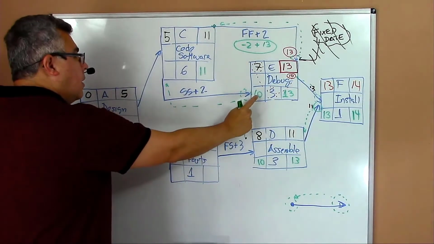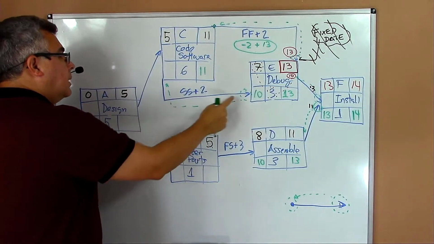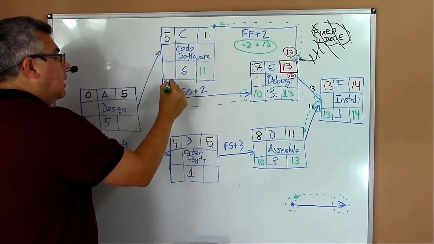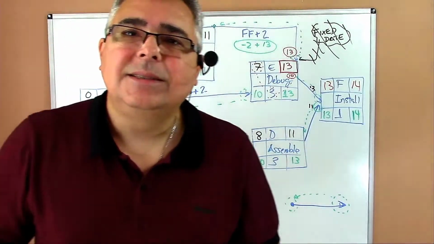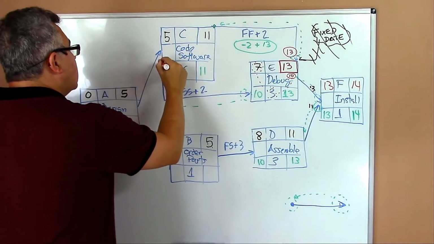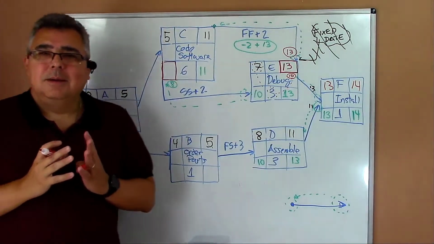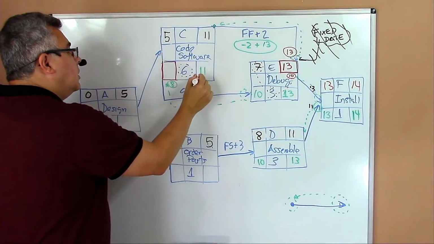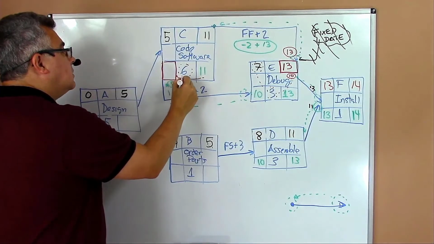When I move back from here, from activity E, it's 10 minus 2. I have 8 here. Is that okay? But pay attention. I have another cell with 2 conditions here. First, I have to consider the task duration, so 11 minus 6, it's 5.